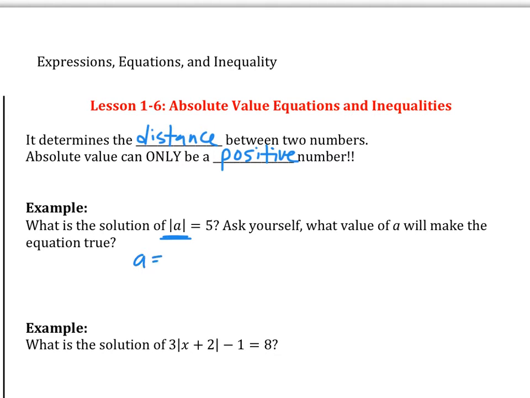Well, we know that it's 5. If you put 5 inside the absolute value, you're going to get 5. But it could also be negative 5, because anything that goes inside the absolute value will always turn it into a positive number. So a negative 5 is also possible. So then we can also just combine these into saying that the answer is plus minus 5.